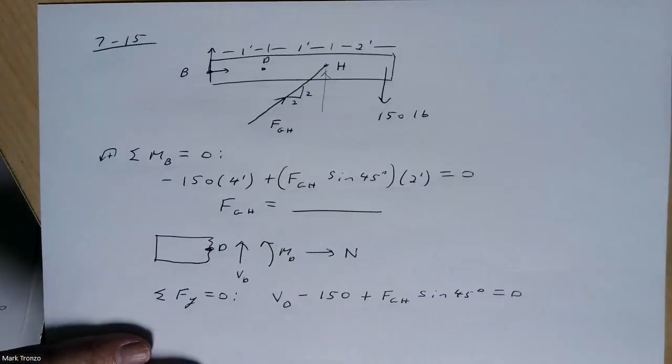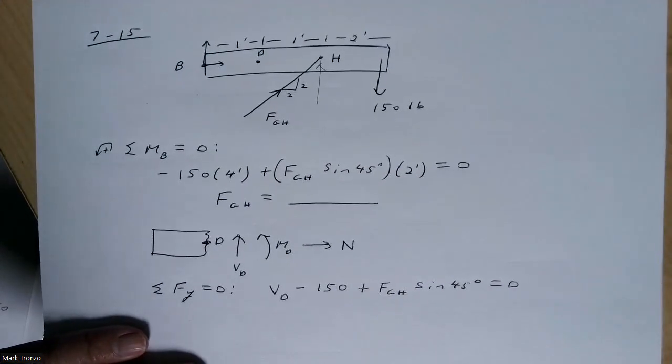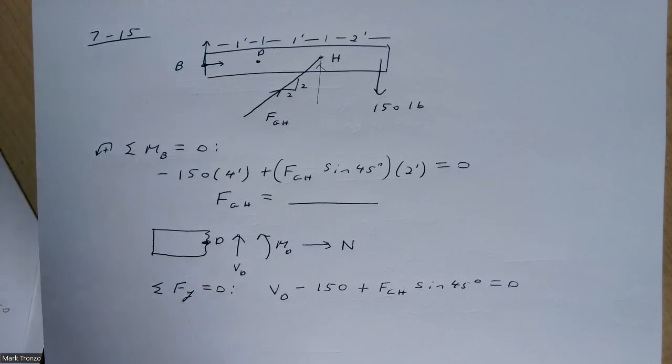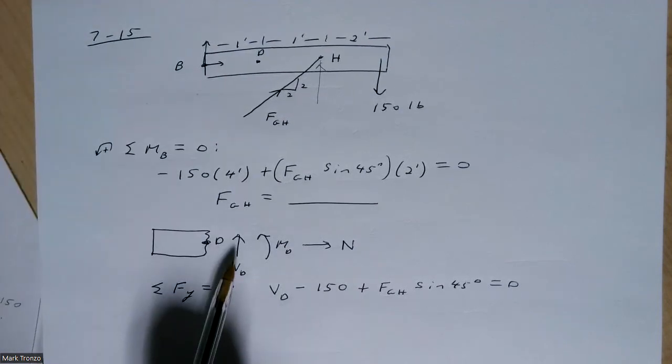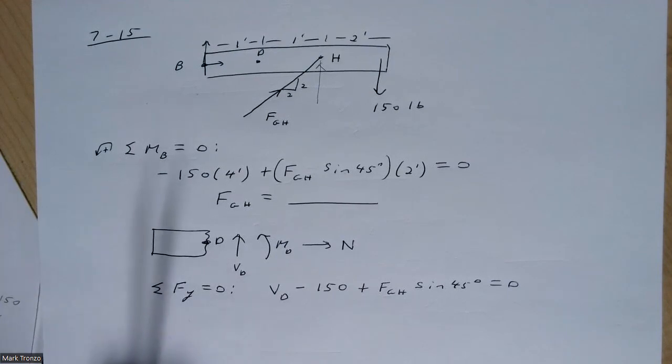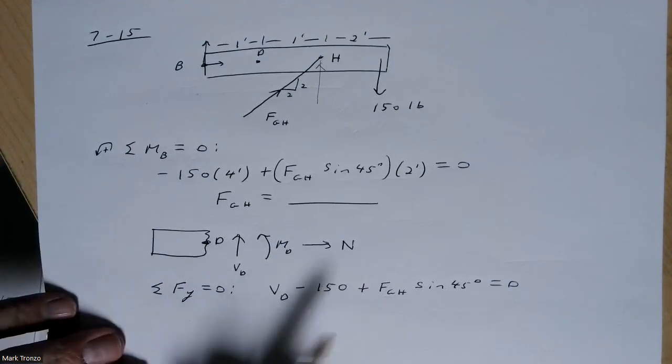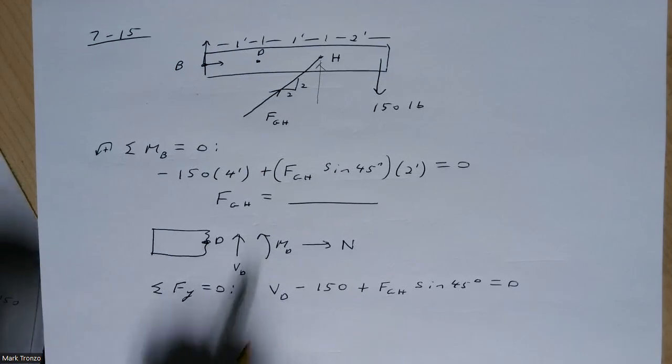Just check your signs and everything, see if everything looks correct. If we end up getting a negative on this, it means we put this in the wrong direction. And that'll give us our VD.